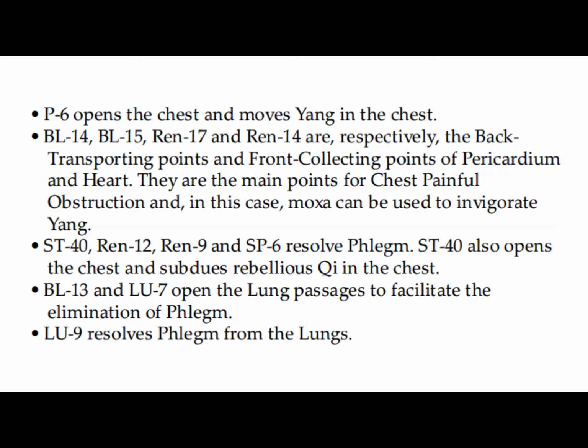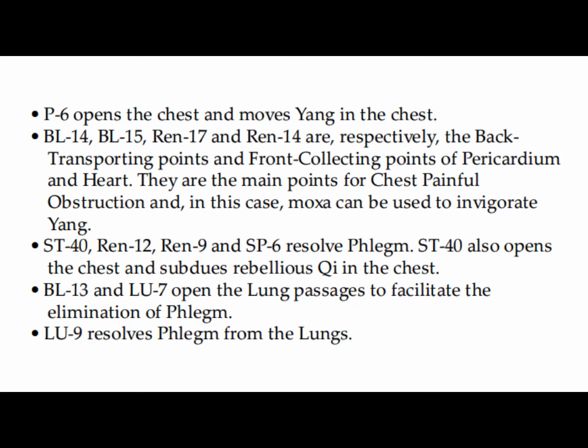Bladder 14, bladder 15, REN 17, and REN 14 are respectively the back shu points and front mu points of the pericardium and the heart. They are the main points for CPO, chest painful obstruction, and in this case, moxa can be used to invigorate the yang. So you can moxa bladder 14, bladder 15, REN 17, and REN 14.